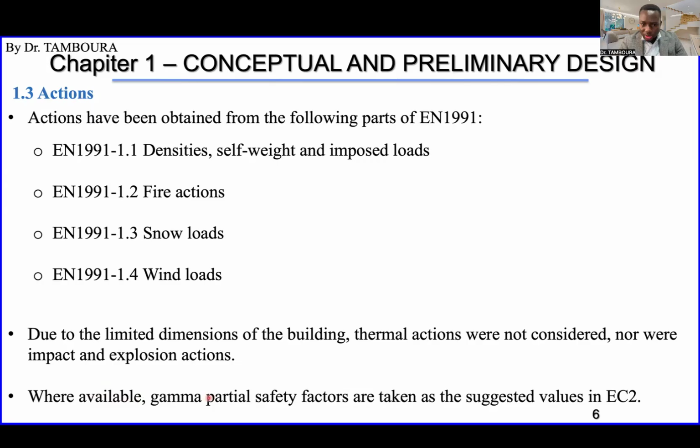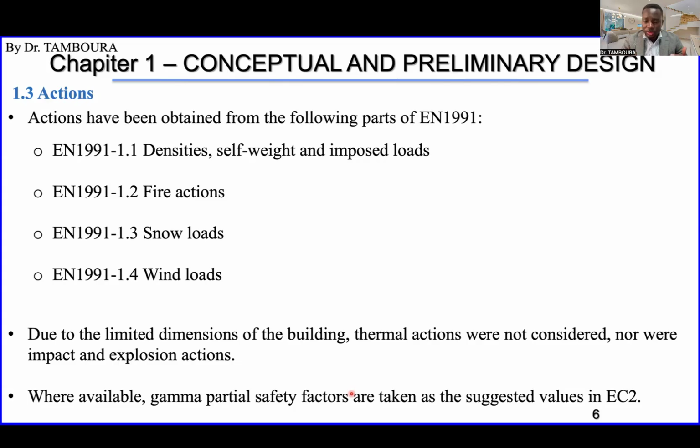if available, the gamma partial safety factors are taken as the suggested values in Eurocode 2. Please understand that this is not the actions, because the value of the load is multiplied by a partial factor, okay? Partial factor like gamma 1.5 for maybe, let's say, a permanent and non-favorable action.